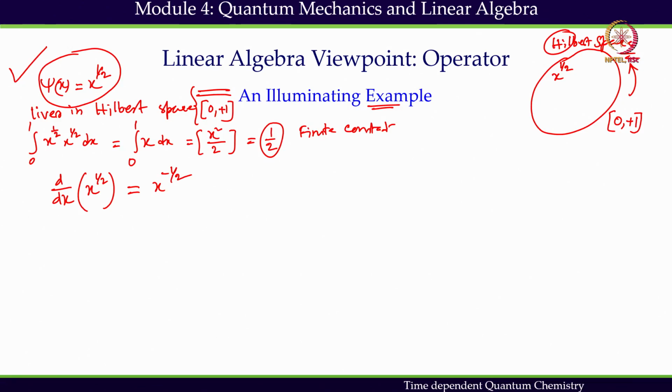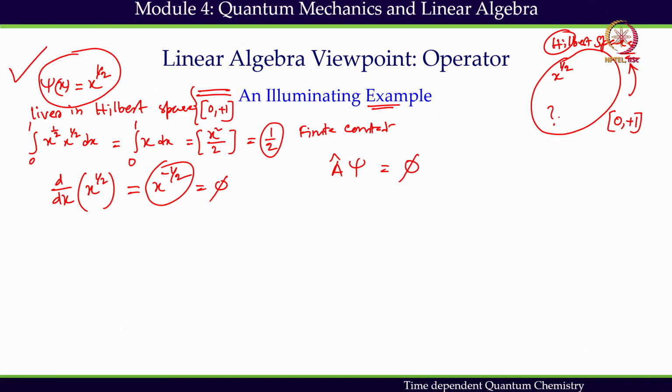What I see is that now I have got another wave function. An operator acting on a wave function gives another wave function, which we now call phi, and I have to check whether this new wave function also lives in the same Hilbert space or not.